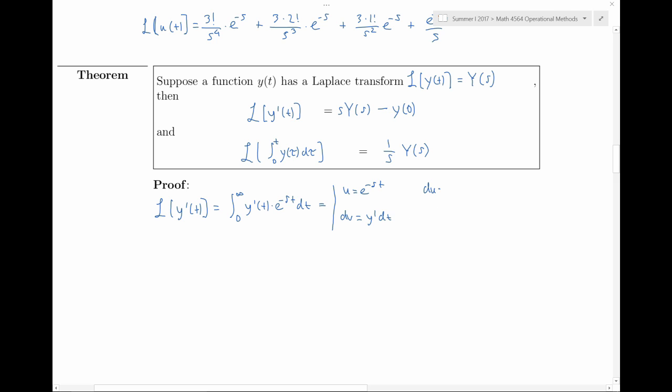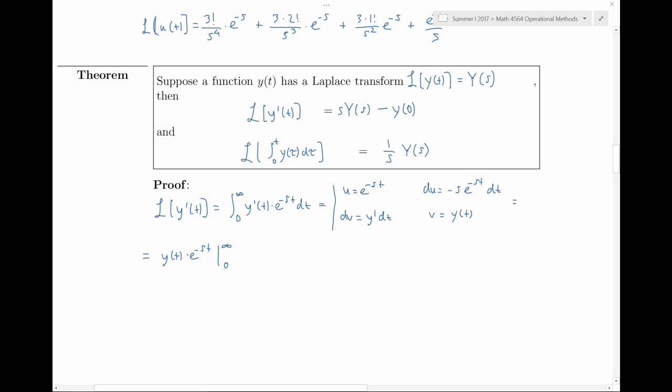That makes du to be minus s e to the minus st dt, and v is simply y of t. Well, this integral changes into y of t times e to the minus st, evaluated from 0 to infinity.